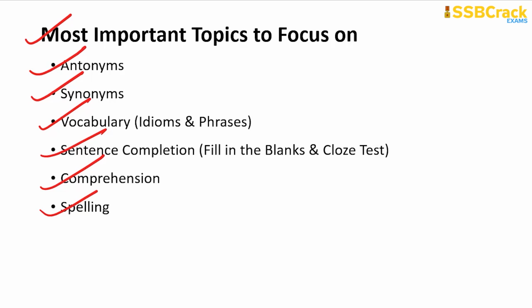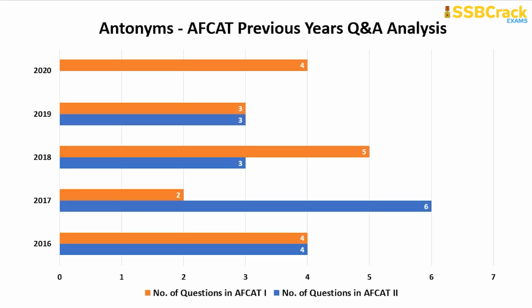So here you are. We will start with antonyms and synonyms. Now we are going to take these 2 topics together because it is advisable for us and also for you to study them together, because you will be able to learn and remember them easily and in a much better way. So we are going to first look into the previous year's Q&A analysis of antonyms in AFCAT exam. So as you can see, 4 questions came from antonyms in AFCAT 1 2020.